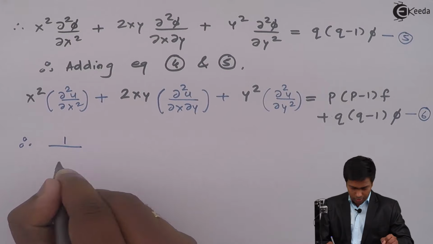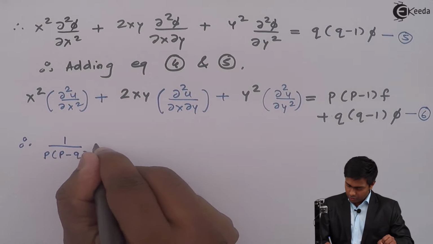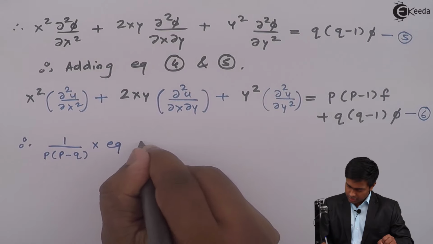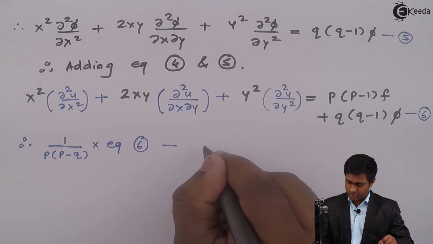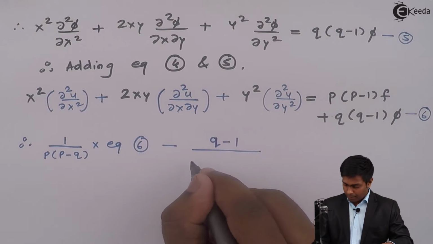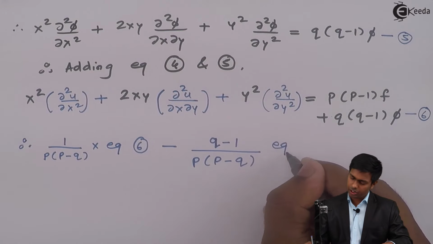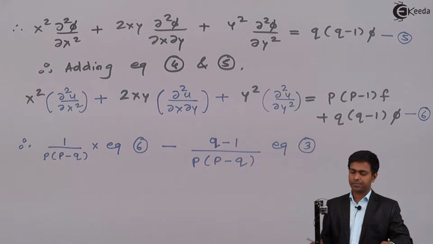1 upon p into p minus q into equation number 6 minus q minus 1 upon p into p minus q into equation number 3.